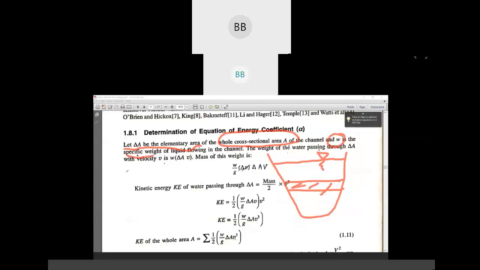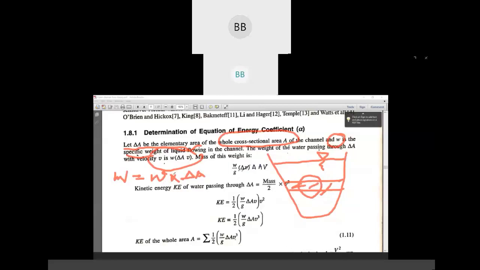So now we are going to find out the weight. Weight is nothing but your specific weight multiplied by del A. Del A means we are calculating the weight of that particular small area. If we were to find the weight for the whole cross section, then this would be capital A. So now we are considering only the small elementary area.